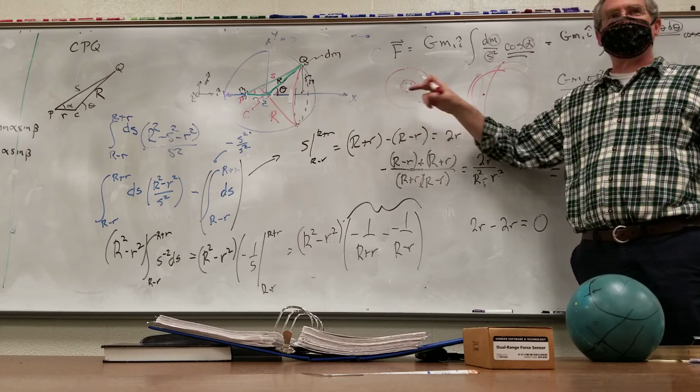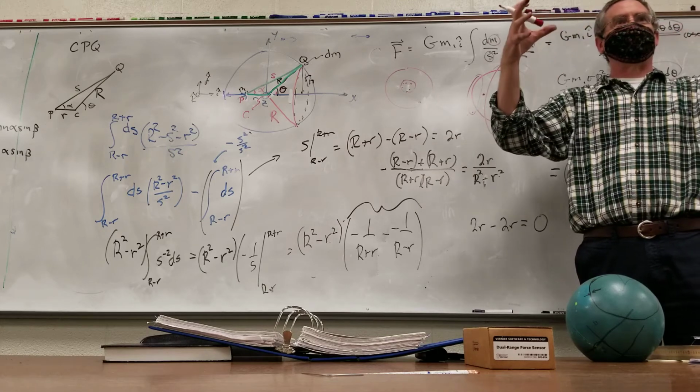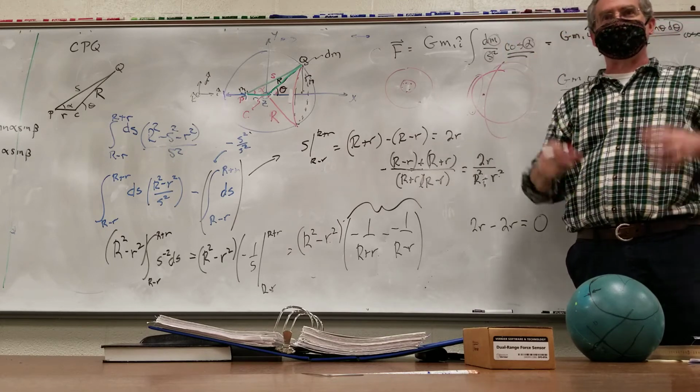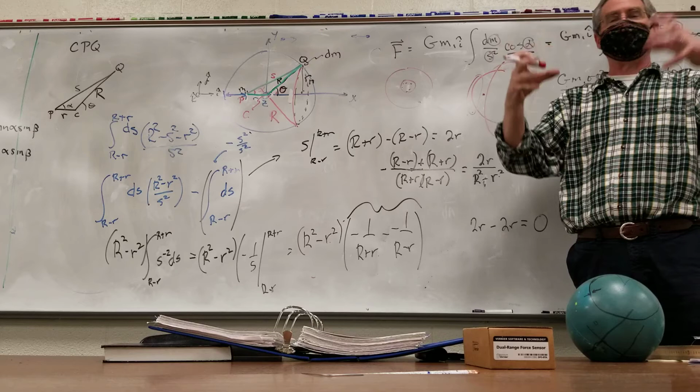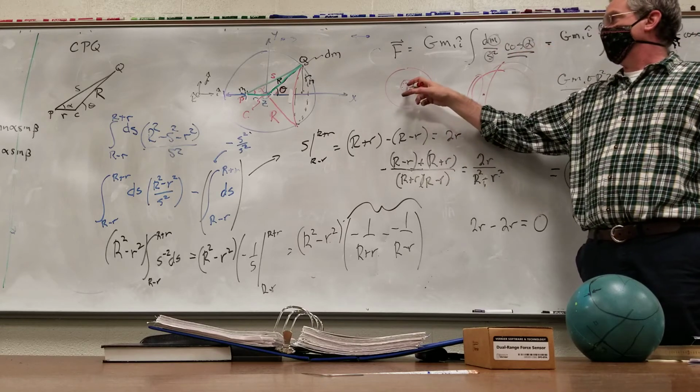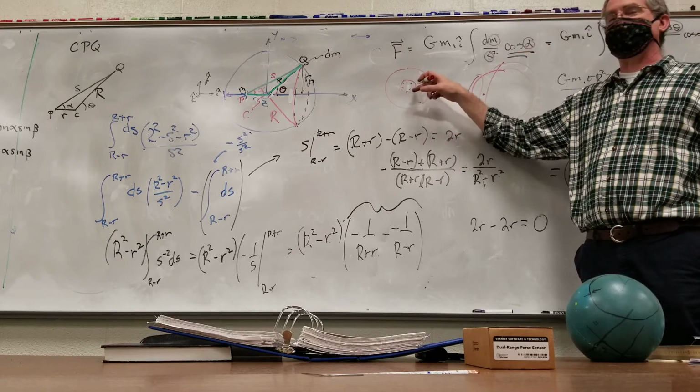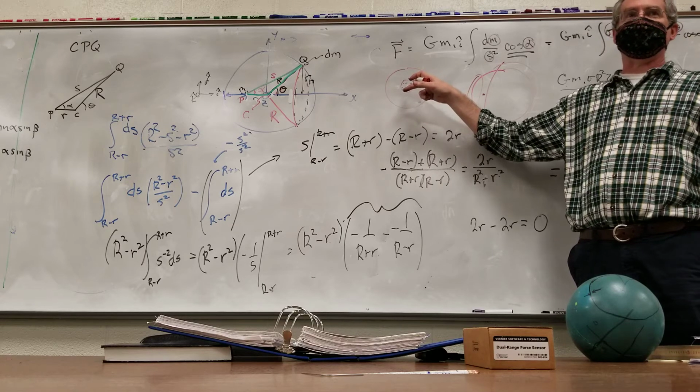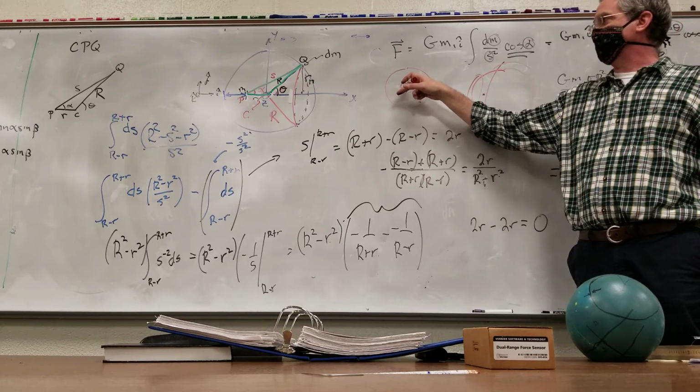Well, this is just a thick shell, it's just a series of thin shells. It's an infinite number of infinitesimally thin shells. And so each of the thin shells exerts no net gravitational pull, and so it's still no gravity inside here.